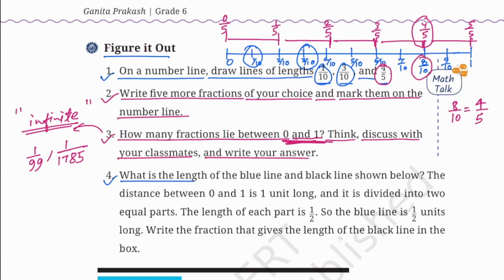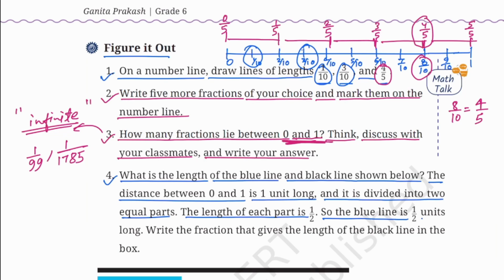4. What is the length of the blue line and black line shown below? The distance between 0 and 1 is 1 unit long and it is divided into 2 equal parts. The length of each part is 1 upon 2, that is half. So the blue line is 1 upon 2 units long.